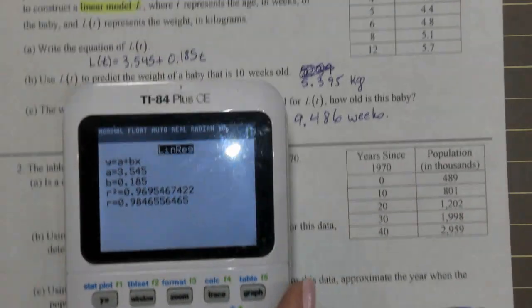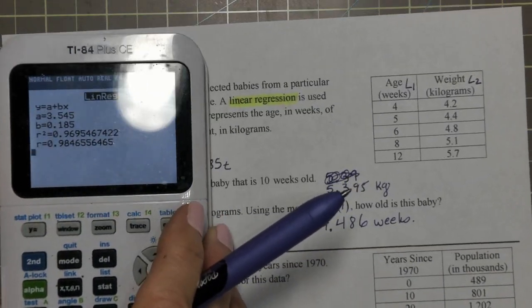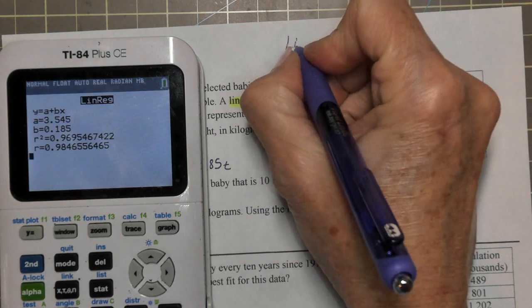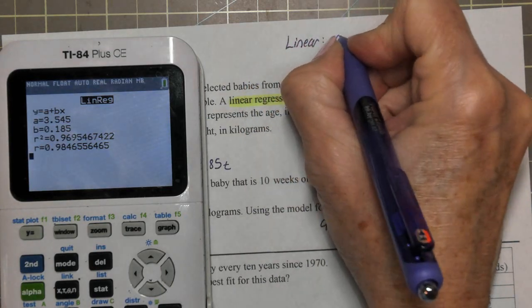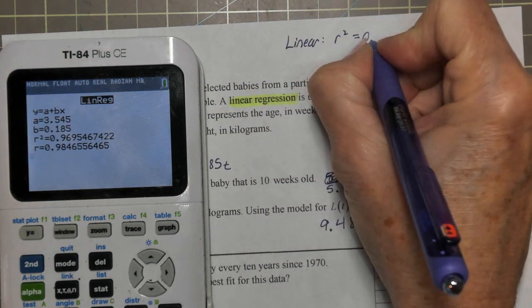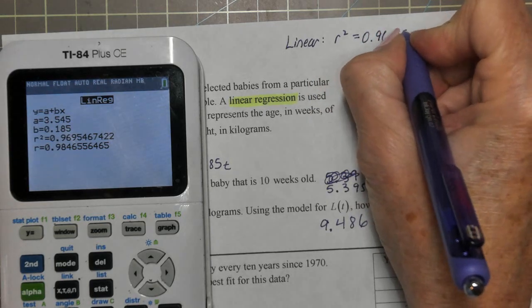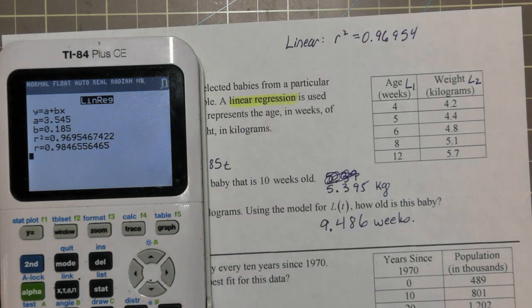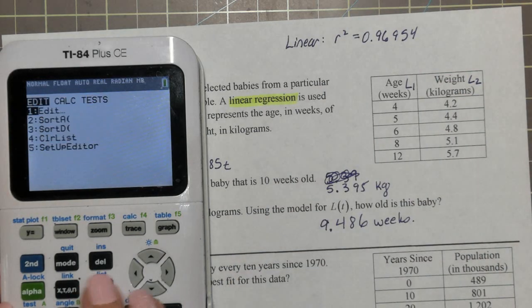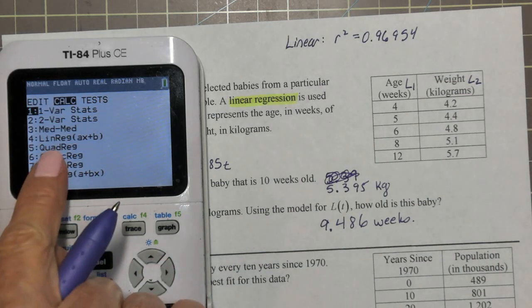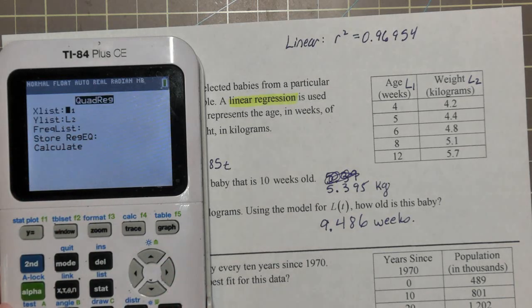So let me just do a little scratch work here. For linear, the r squared gave us 0.96954. Let's do the same thing now for quadratic. Stat, calc, number 5. Enter, enter, enter, enter.